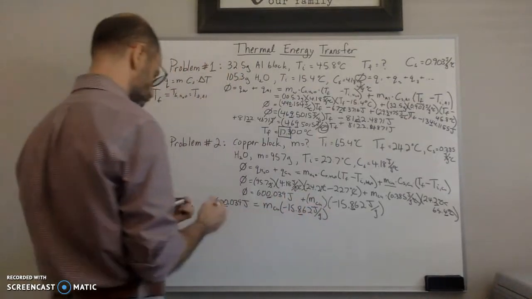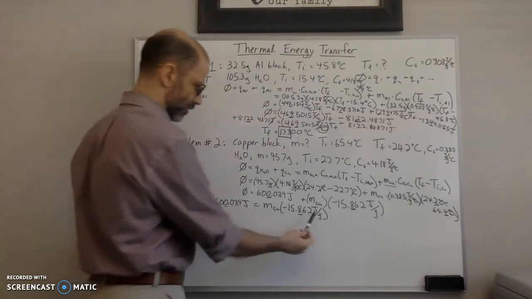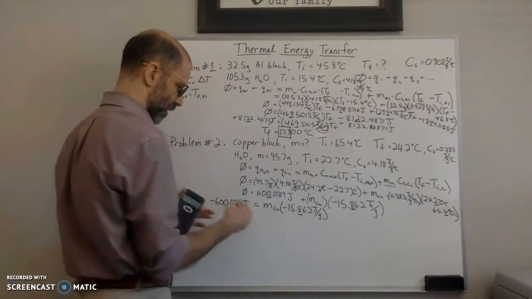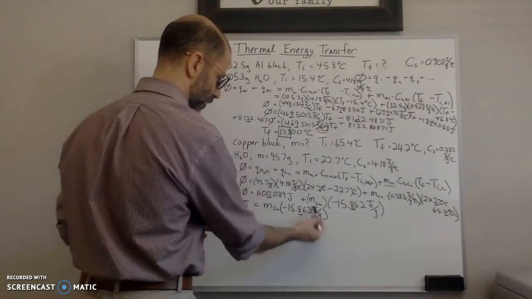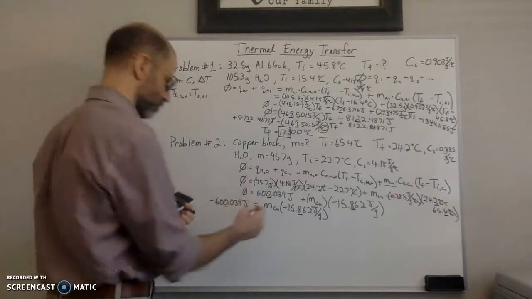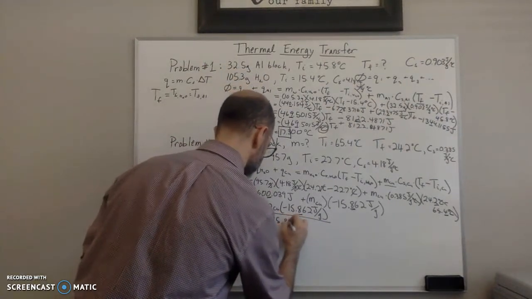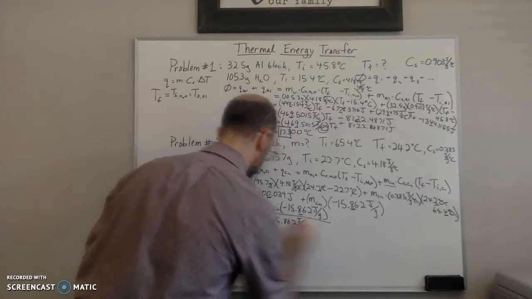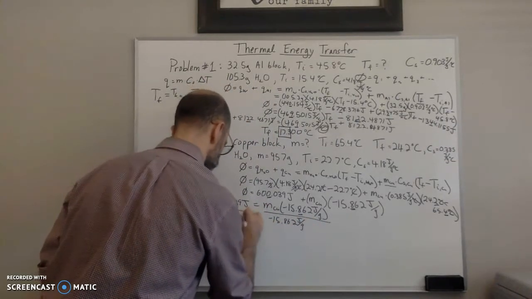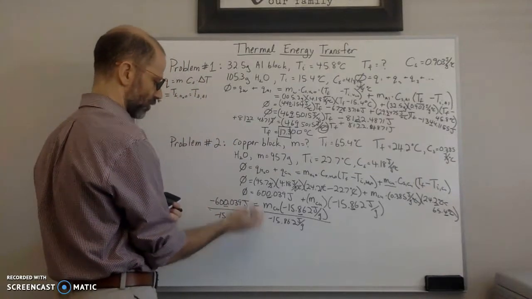All right, so we have 3 sig figs. We're going to divide. And as soon as we divide, the joules are going to cancel out because when we divide by this, grams ends up on top. We're dividing by this fraction here, so joules is going to end up canceling out. So if I divide by negative 15.862 joules per gram, I'm dividing by a fraction, so that's going to flip.